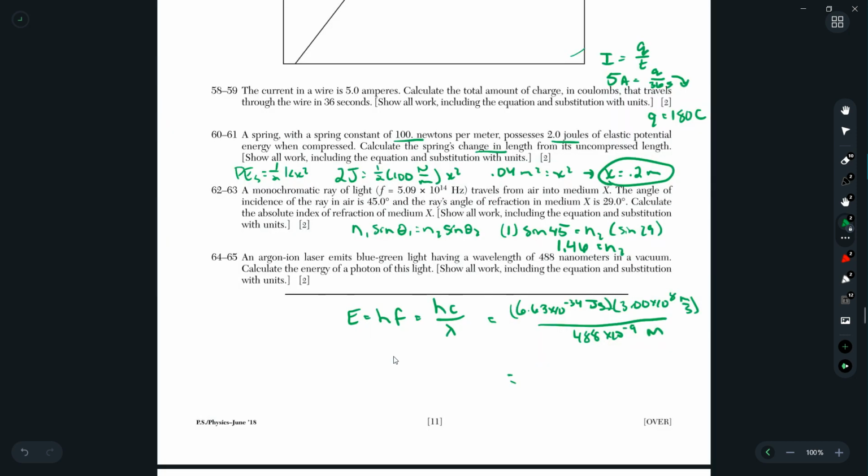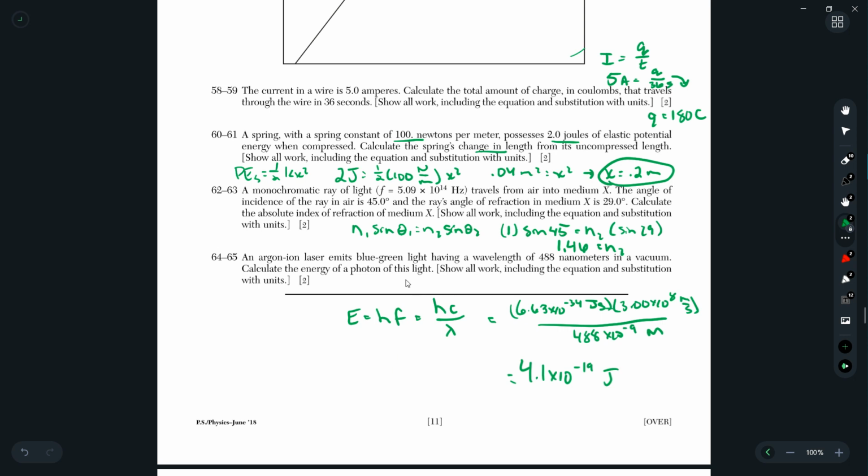If you do the math, let's get my calculator out. 6.63 times 3 divided by 488. Negative 34 plus 9 is negative 25, plus 8 is negative 17. Pretty sure this is 4.1 times 10 to the negative 19 joules.